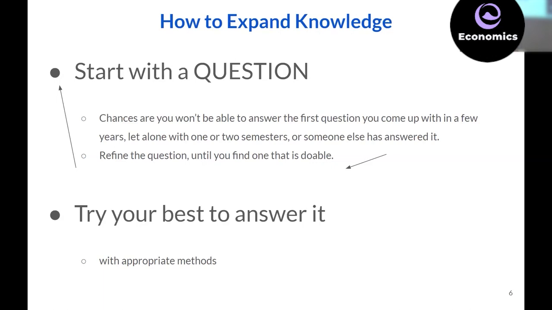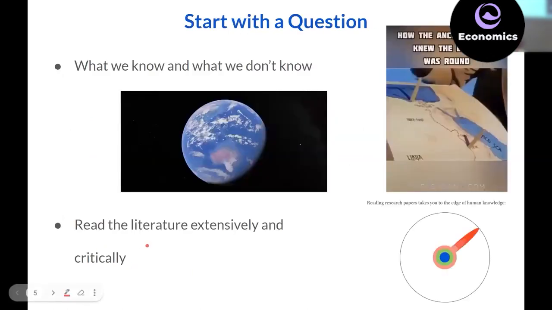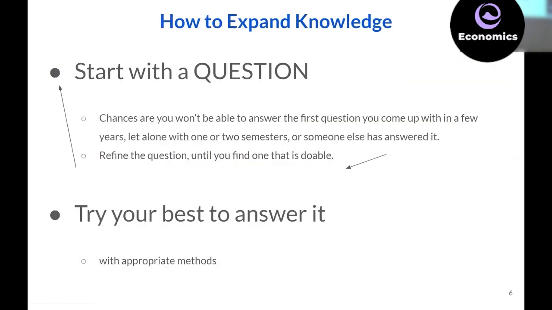So you might want to cover what we know, what we don't know, and read the literature extensively and also critically. Meaning, okay, this is convincing, this is not. This is opinion, this is fact. And then you try your best to answer it, and you might want to refine the question a little bit with appropriate methods.